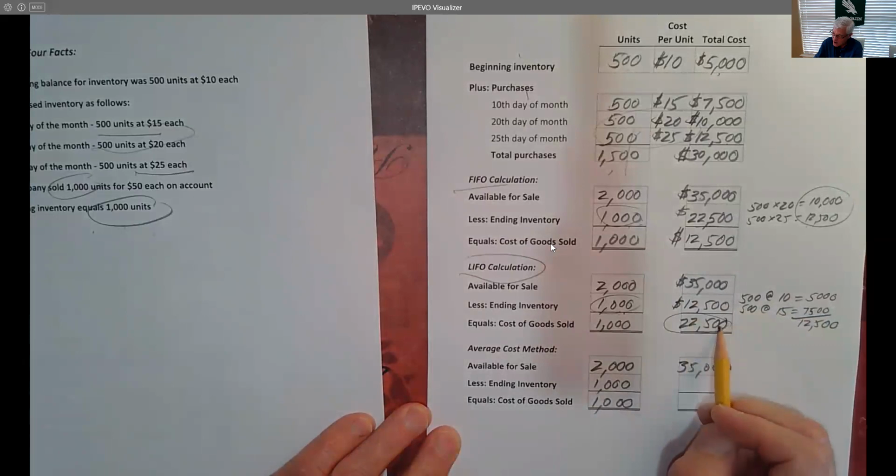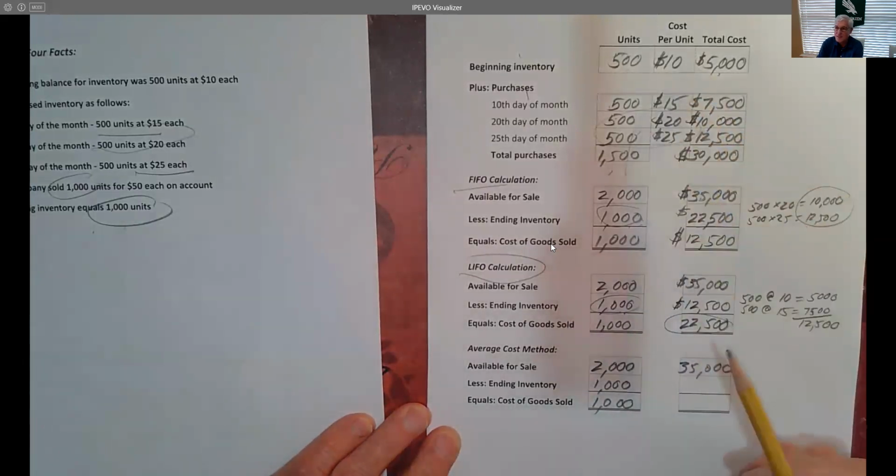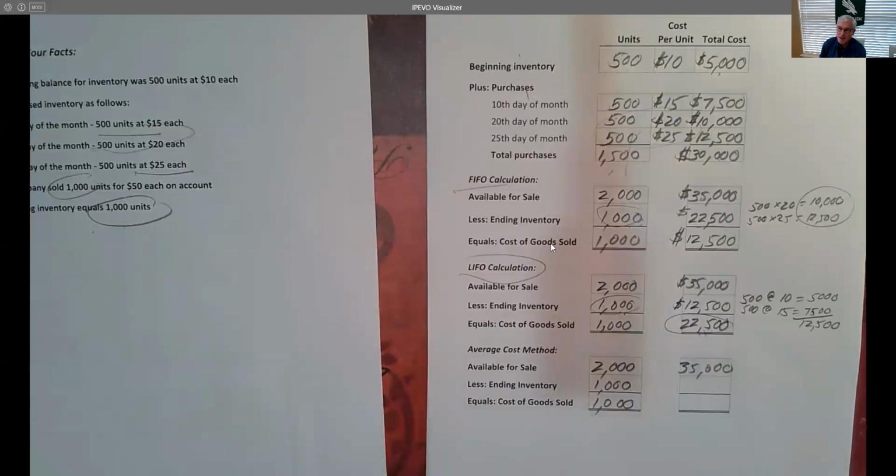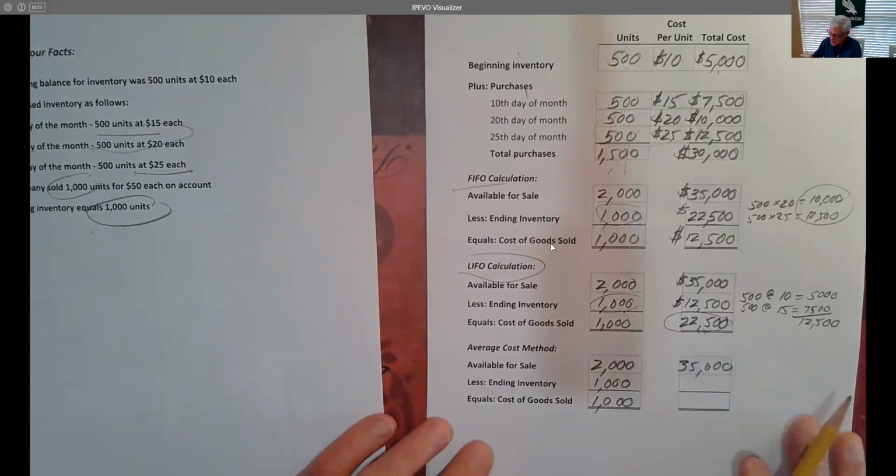Higher cost of goods sold. Why? Rising prices. Inflation results in a higher cost of goods sold and then therefore a lower gross profit, a lower net income under LIFO. And then we pay income taxes based on income. Therefore, we pay less taxes. That's why a lot of businesses use LIFO, because they want to save money on taxes.